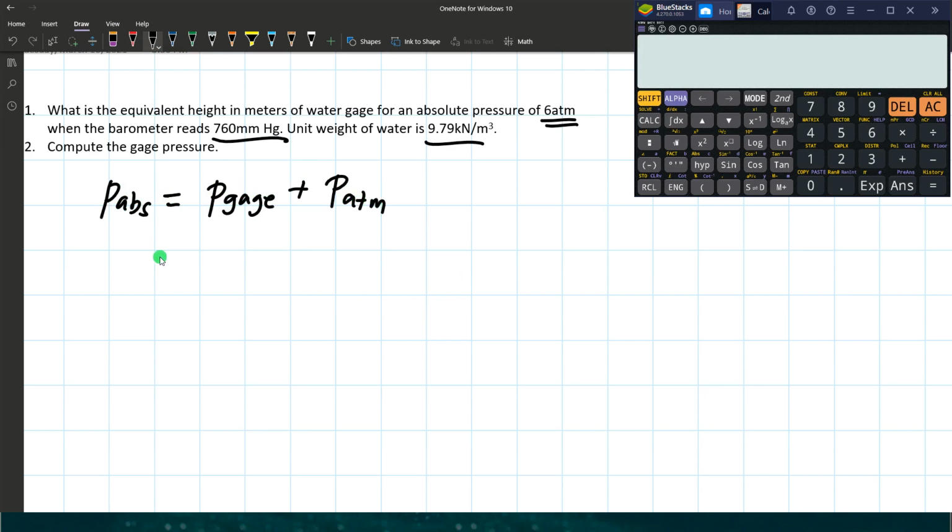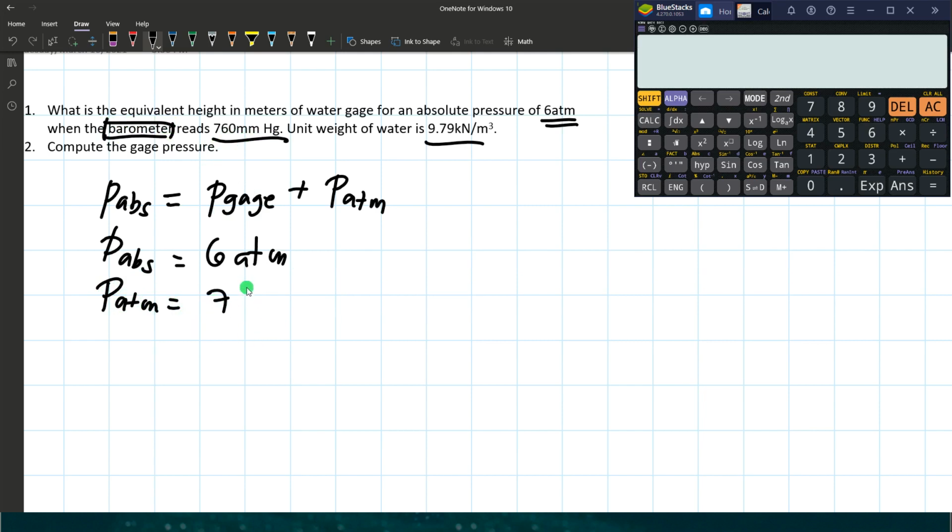So here we already have the given absolute pressure, which is 6 atmosphere. Also the atmospheric pressure, because the barometer is used for measuring the atmospheric pressure, so it means the reading on the barometer is your atmospheric pressure.